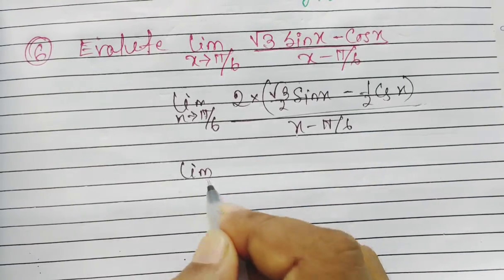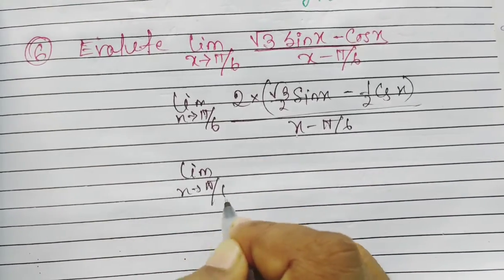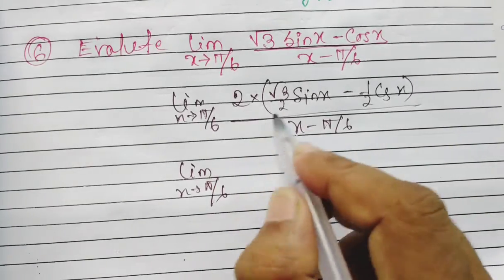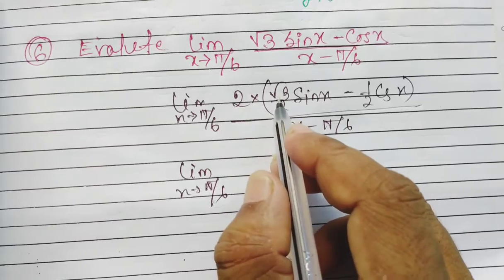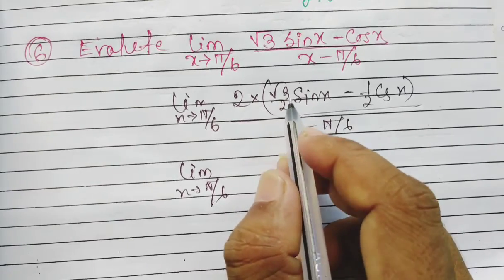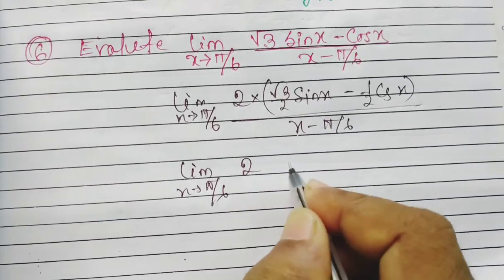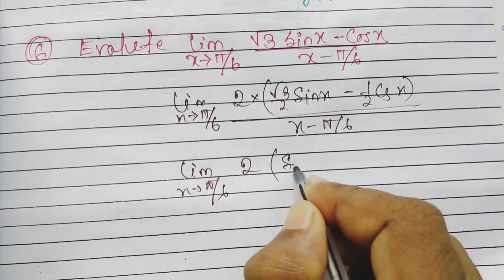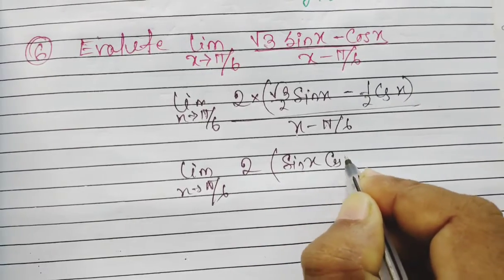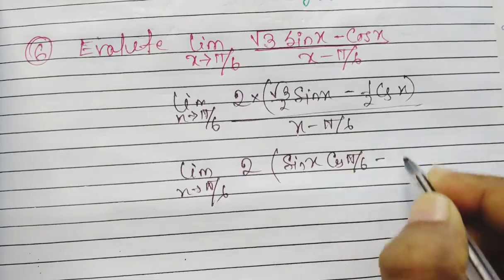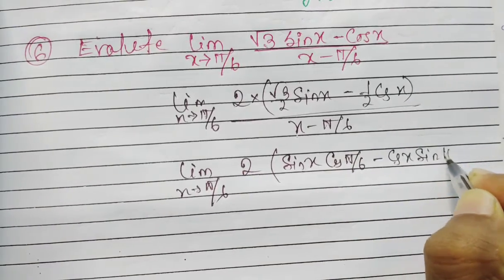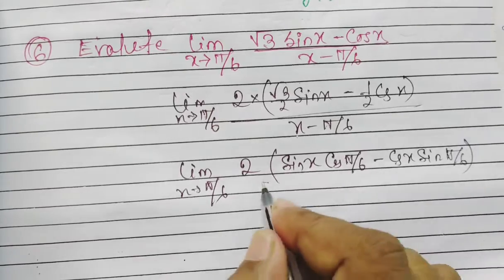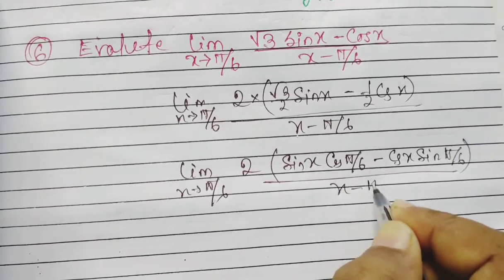Now again limit x tends to pi by 6, root 3 by 2, that means it will be cos 30 degree, so cos pi by 6. So 2 times (sin x into cos pi by 6 minus cos x sin pi by 6), and here x minus pi by 6.